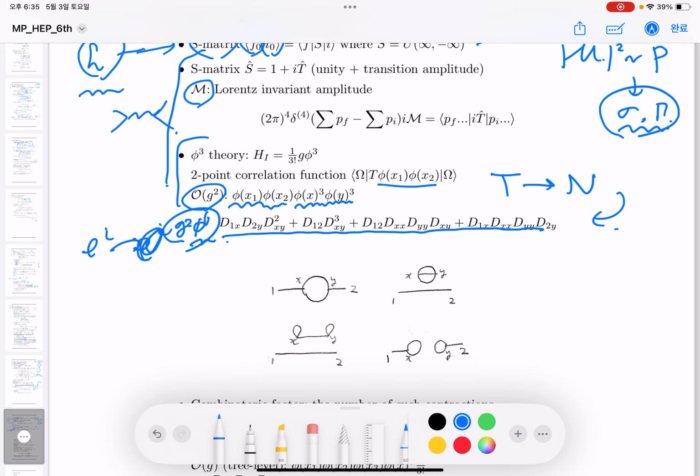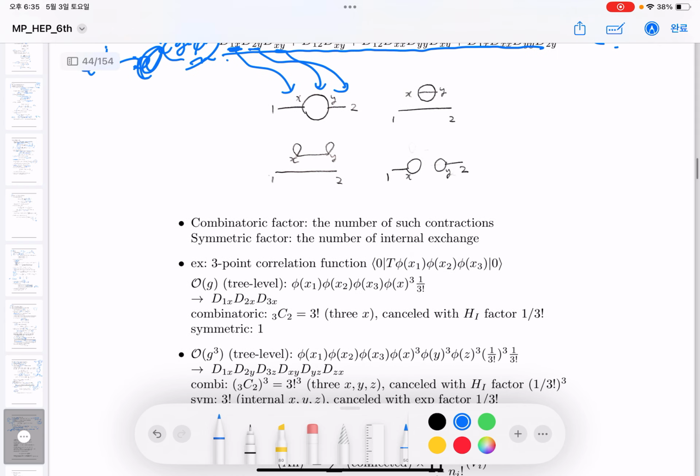So for example, x1 and x2 represent the external fields, but x and y represent the internal fields. The contraction between 1 and x gives an external line, 2 and y also an external line, but x and y give the propagator, and all the other ones are the same.